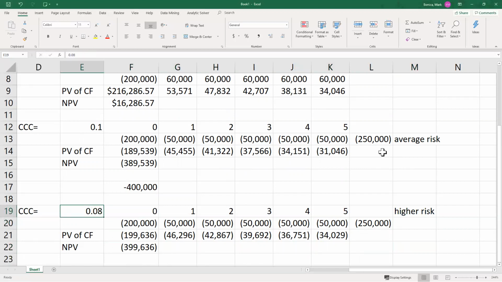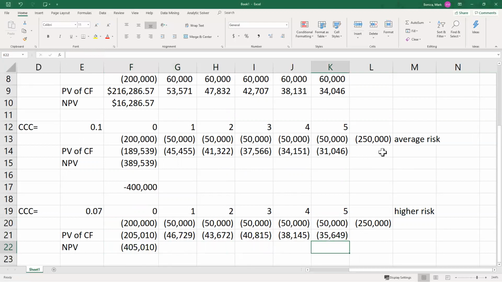So this is pretty close to neutral. If we said, well, it's even maybe riskier than that, if we went down to say 0.7, then you'd say, oh, you know what, it would be better for us to just go ahead and pay the $400,000 today, as opposed to paying the 200 and then paying the 50 each year going forward. Okay.